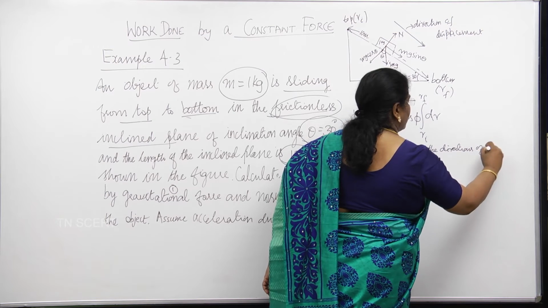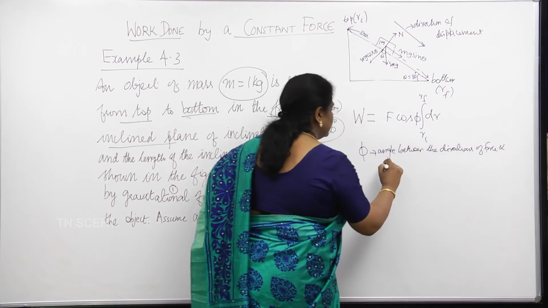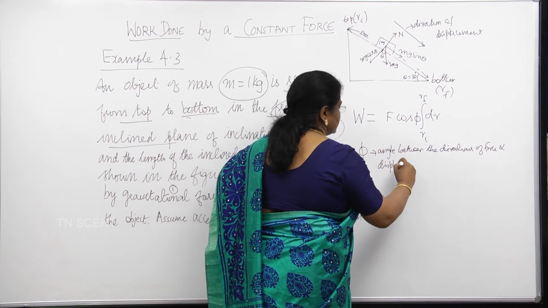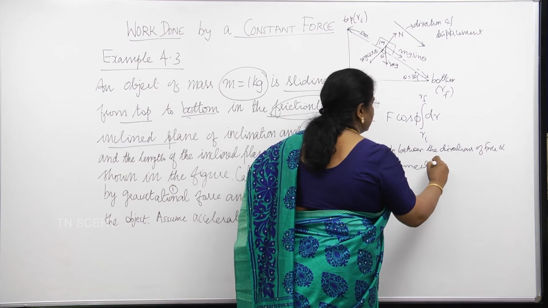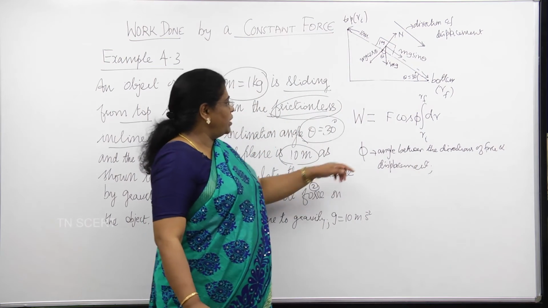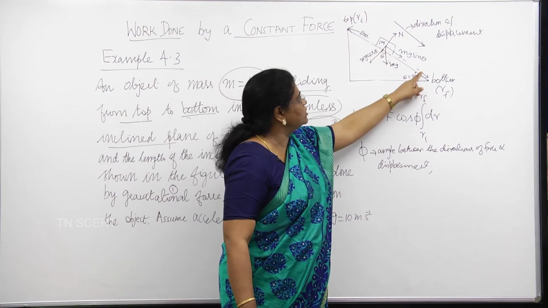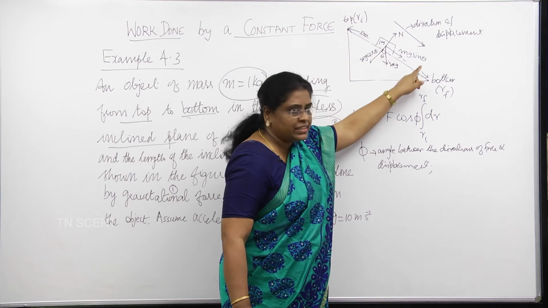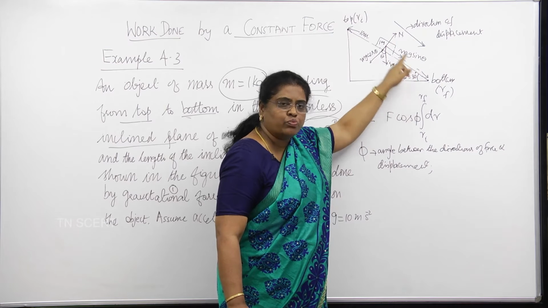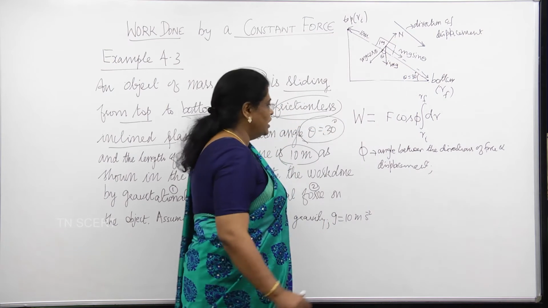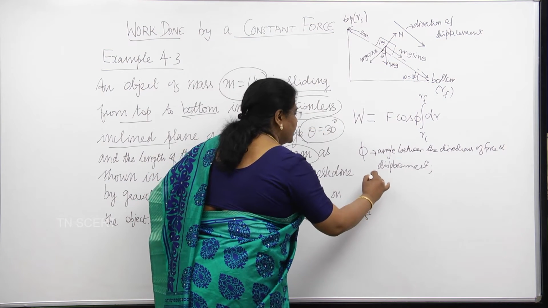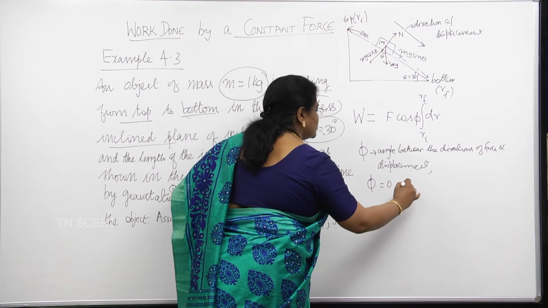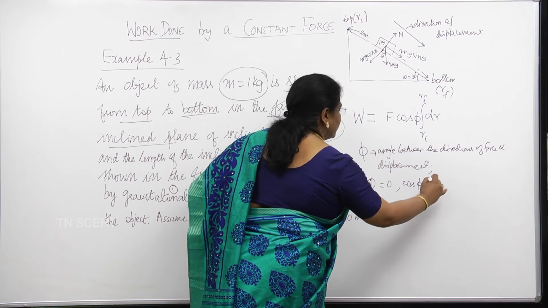Now, look at this. This is the direction of displacement, and mg sin theta is the component of the gravitational force. Both are in the same direction, and therefore phi is equal to 0. So, cos phi is equal to 1.